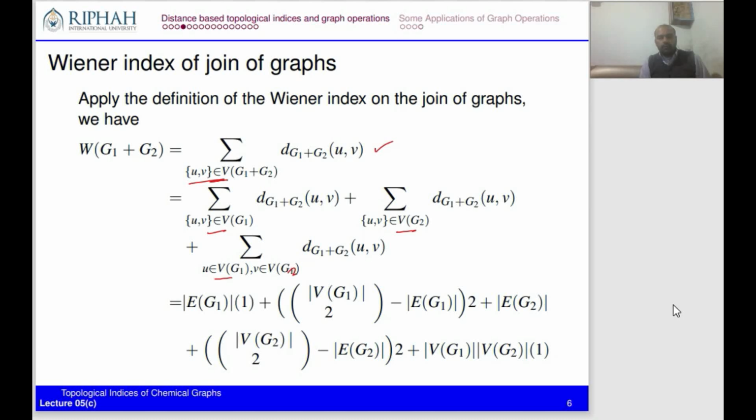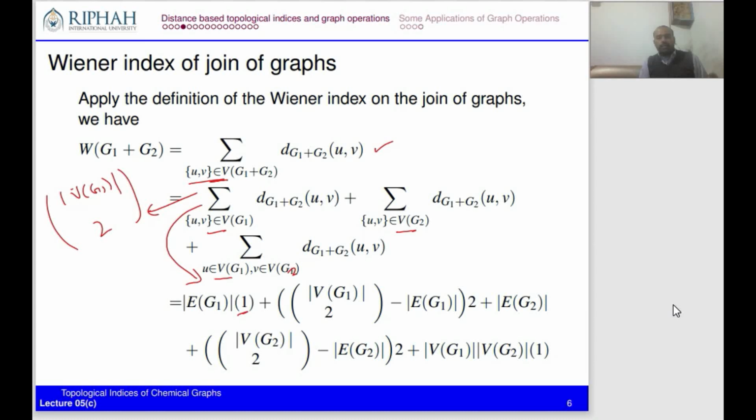Then notice that from G1, there are |E(G1)| pairs whose distance is 1. The total number of pairs in a graph is the order choose 2.